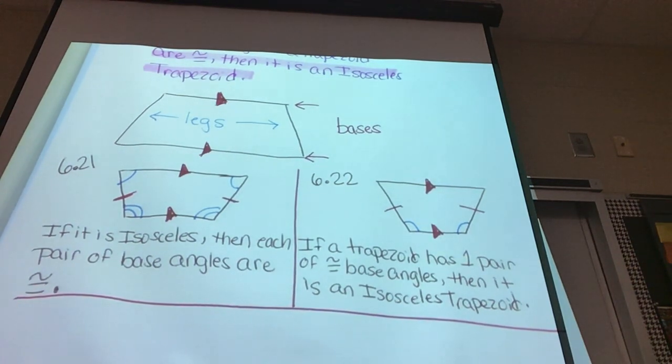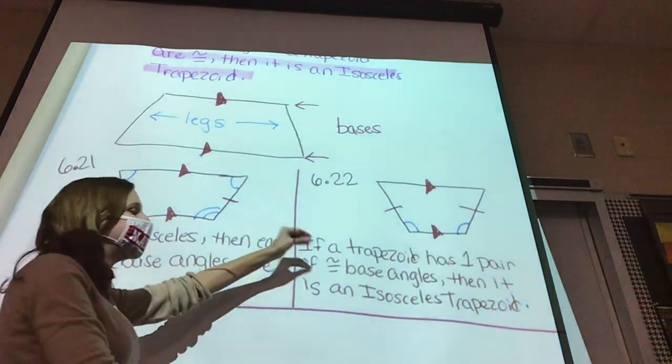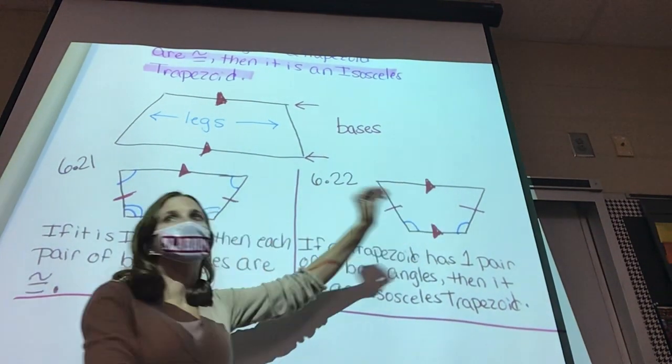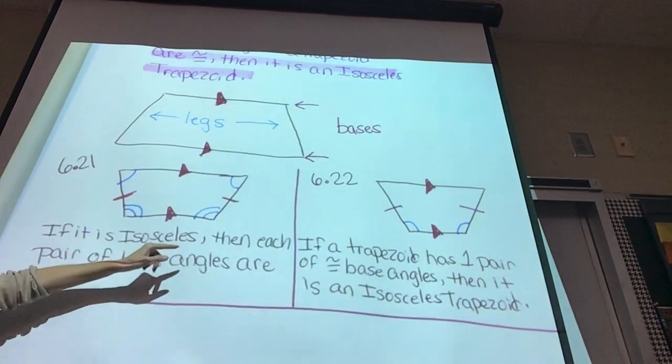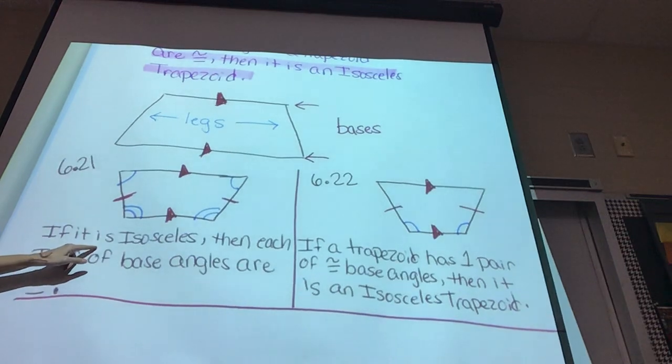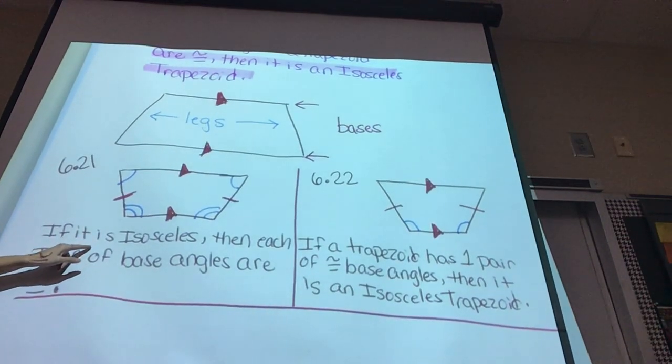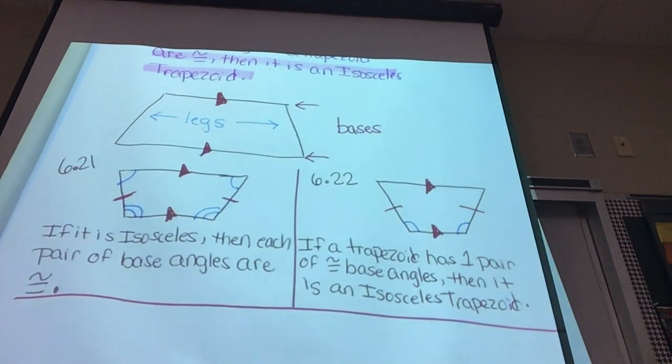It doesn't necessarily have to have two. But as long as it's got one, it is automatically an isosceles. Now, if it's got one, what do we know? It's automatically got two. That's what we know.